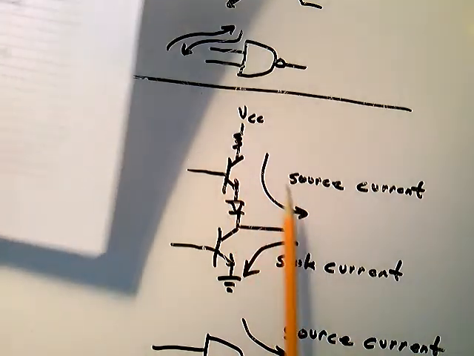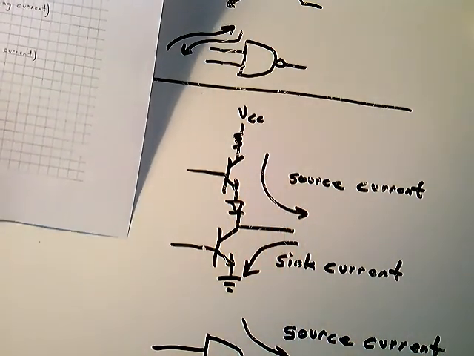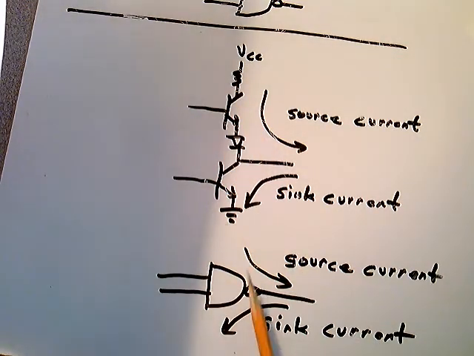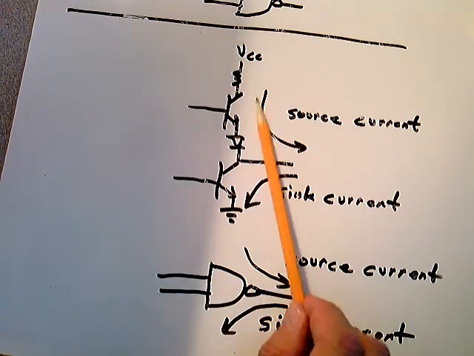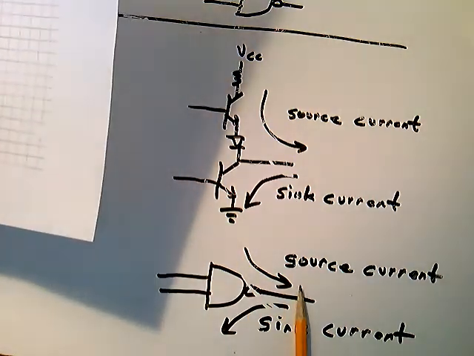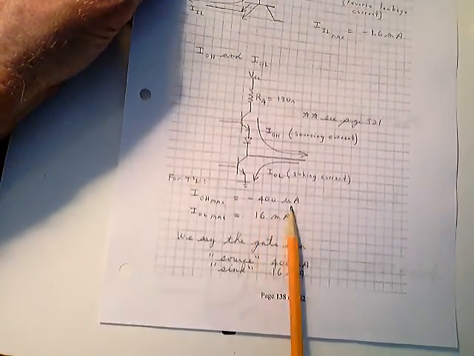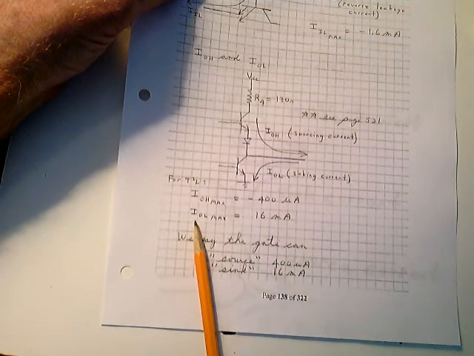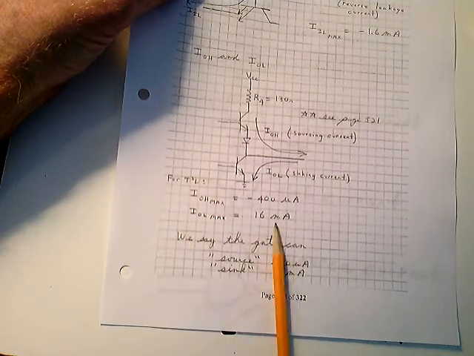When you see a totem pole output and I talk about a sourcing current, you should see this. This totem pole output is the output of this gate. So this sourcing current coming out is the current coming out of the chip. Okay? And I want you to notice that it's a minus 400 microamps. Low level output is 16 milliamps.